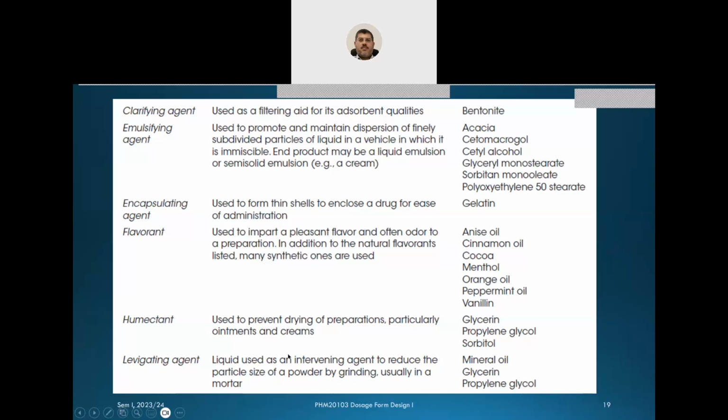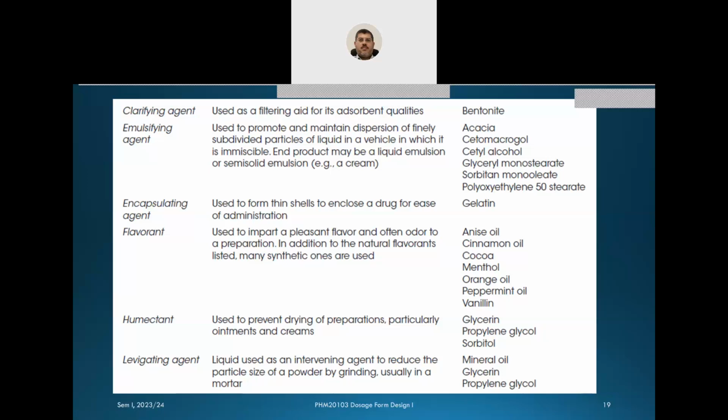Levigating agent: this is used as an intervening agent to reduce the particle size of a powder by grinding, usually in a mortar. So you have a powder you want to grind in a mortar. If you grind the powder as it is, it will be difficult to grind it all, because some will be affected by the pestle of the mortar. They may form clusters, they may be compact, but you can use an agent that intervenes between the mortar and pestle and the powder.